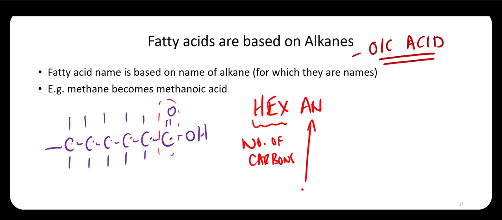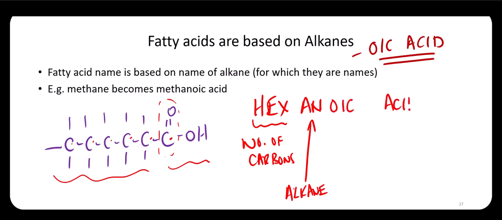So this is based on an alkane. And there's no space in between. I just left a little one so you can see what I'm doing, where I'm getting the parts. So then it's fatty acid. It's a chain of carbons with a carboxylic acid on the end. So it's going to be hexanoic acid. There is a space between oic and acid. So this just means it's a fatty acid. So it's hexanoic acid.